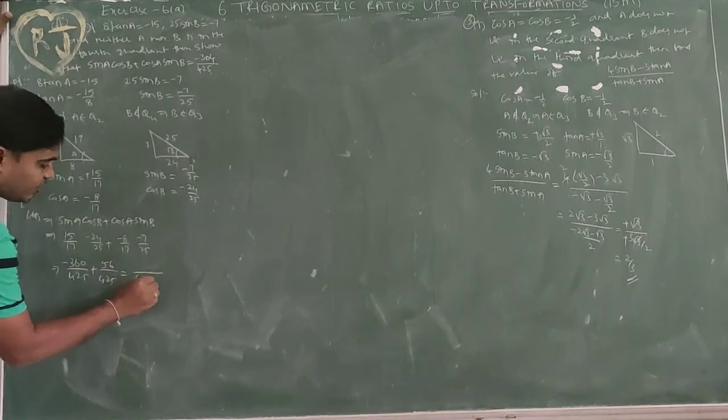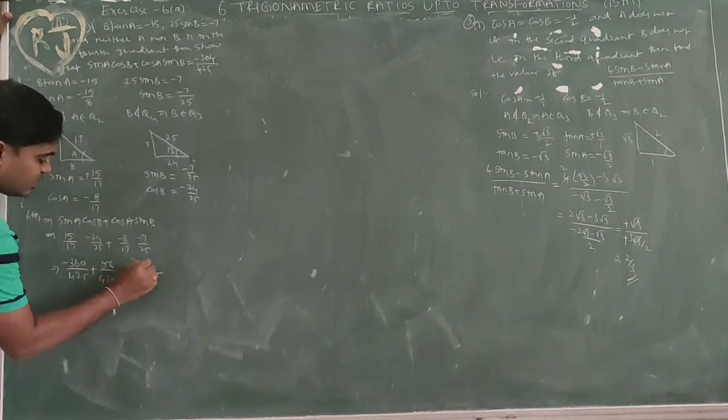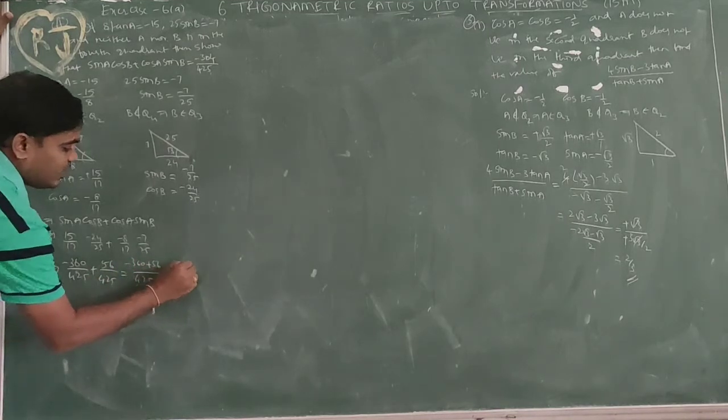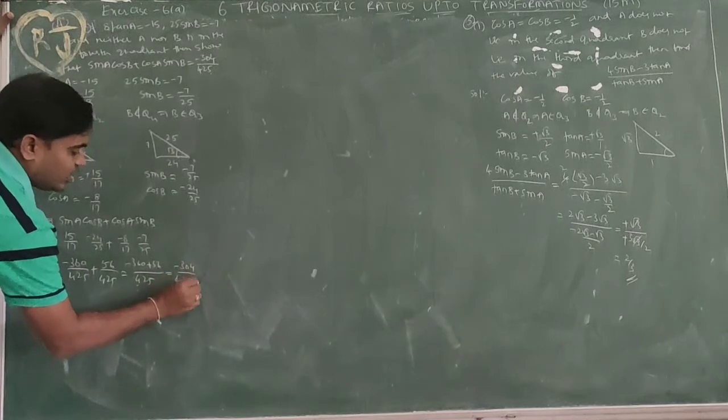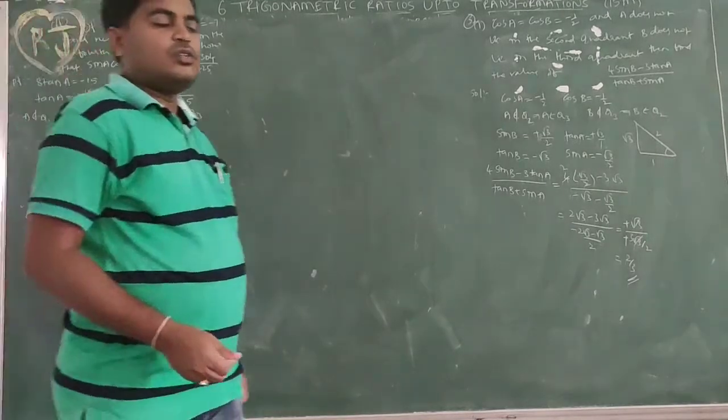So with LCM 425, minus 360 plus 56 equal to minus 304 by 425. So this is the required solution.